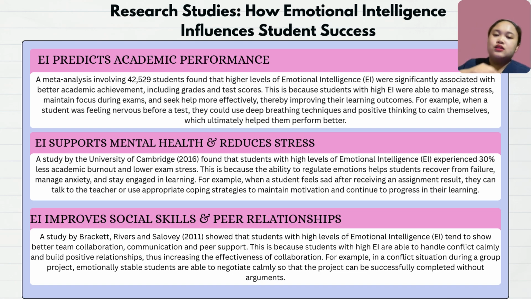For instance, when a student feels disappointed after receiving a low assignment score, they don't give up easily. Instead, they talk to their teachers or use coping strategies to stay motivated and continue improving.